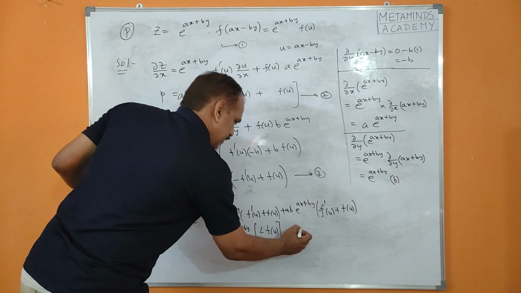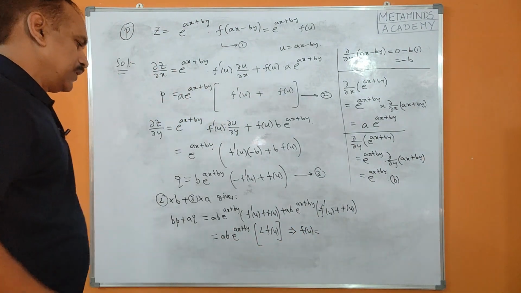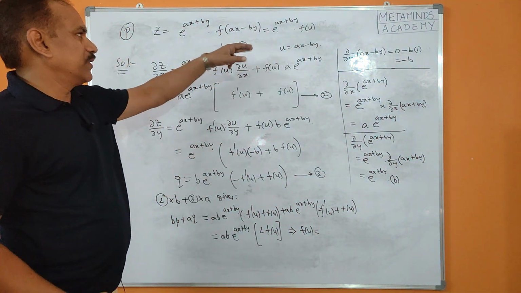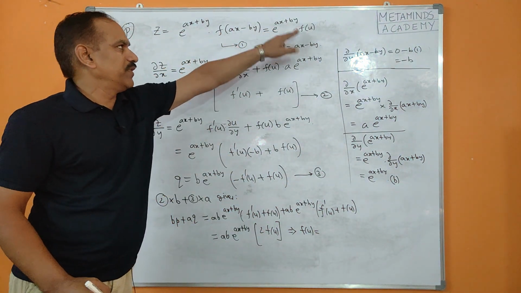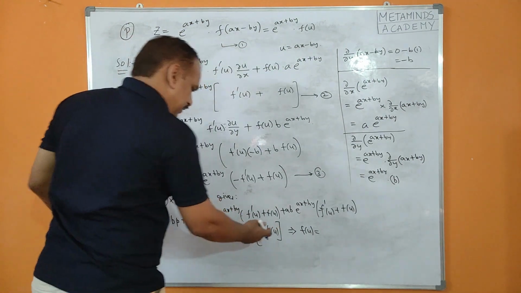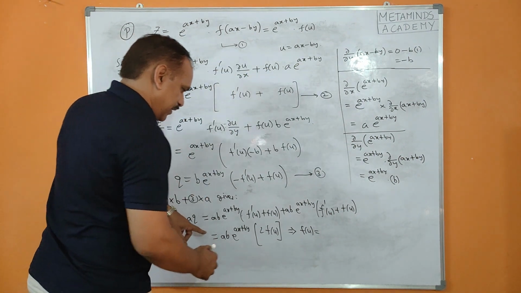So from this we got e power ax plus by into f of u, which also you can write, because e power ax plus by into f of u is what we need. Or directly you can find f of u and substitute back into equation 1.